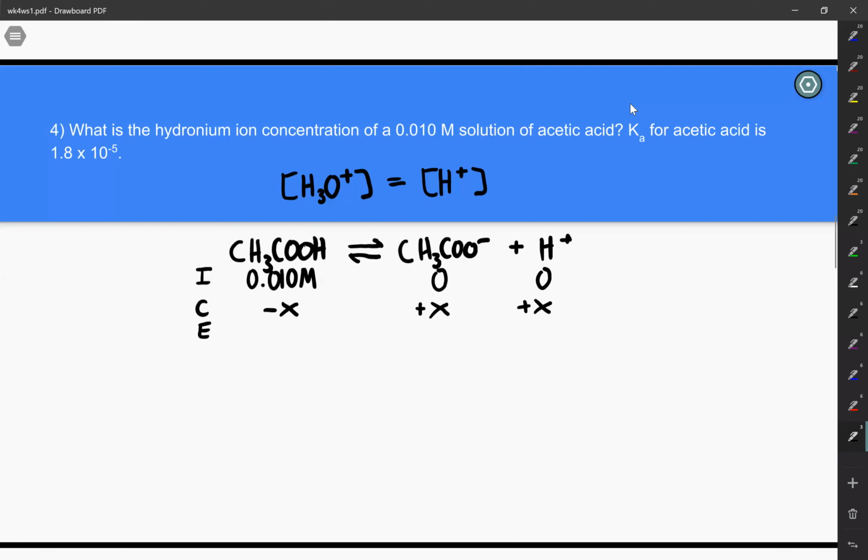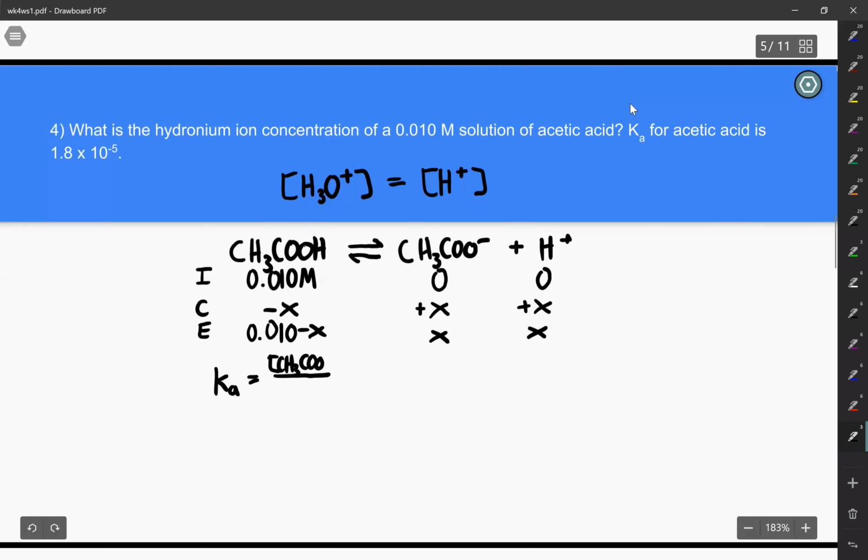So for your equilibrium, put 0.01 minus X, and then X and X. We can form our Ka equation by putting products over reactants, so that's the concentration of CH3COO minus and H plus over the concentration of our acetic acid.